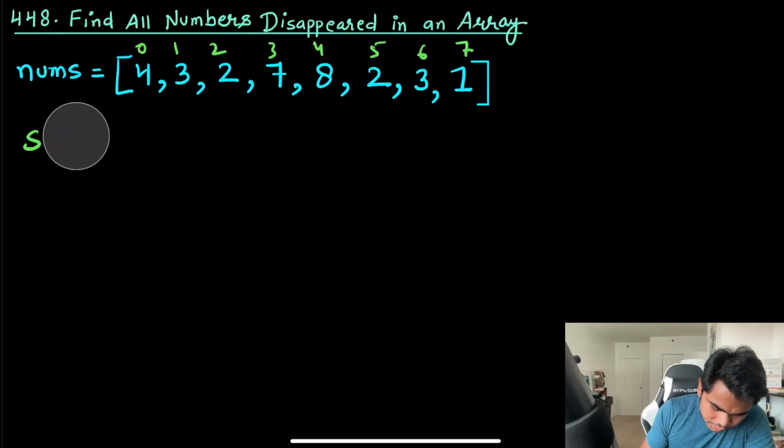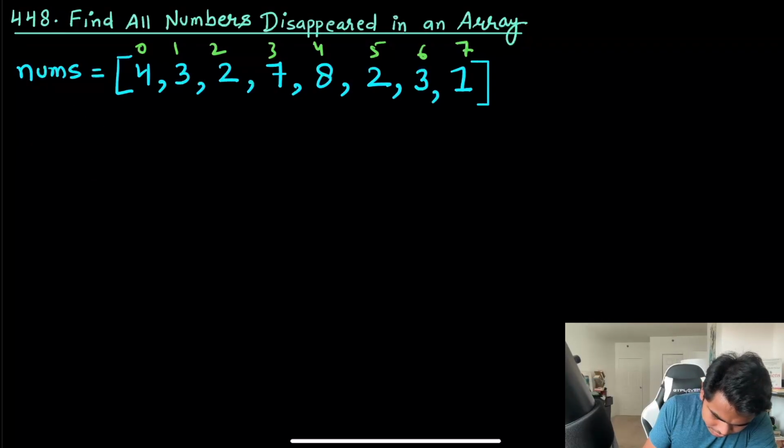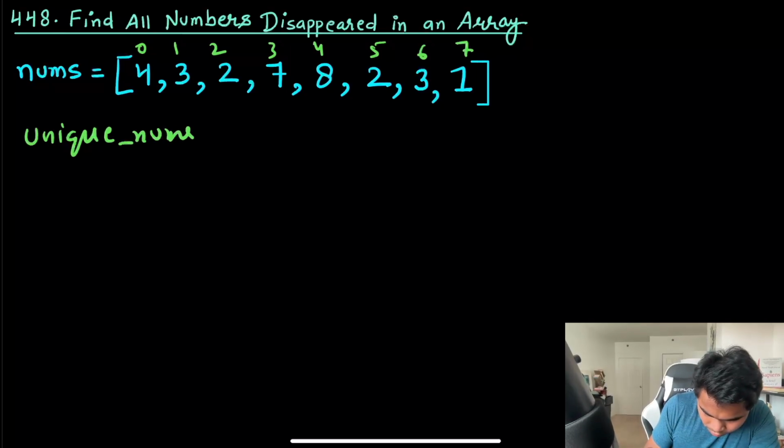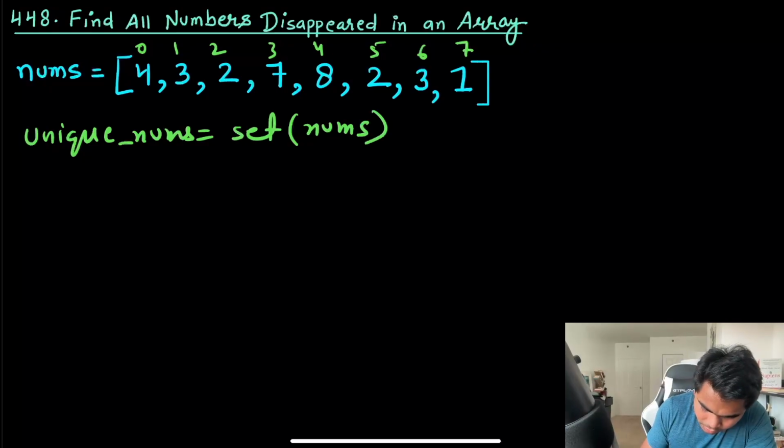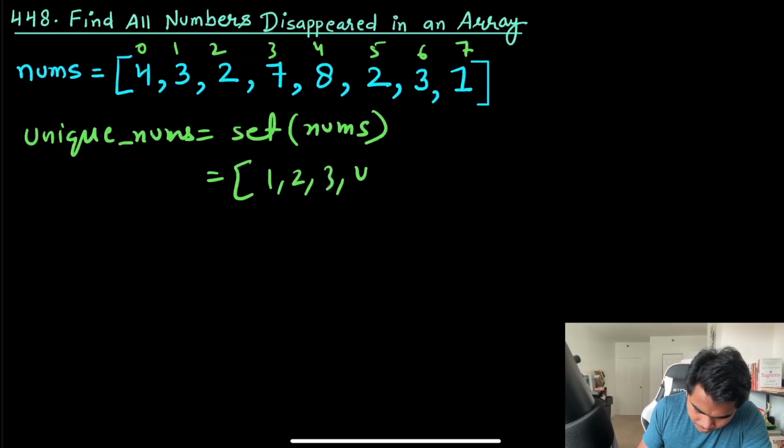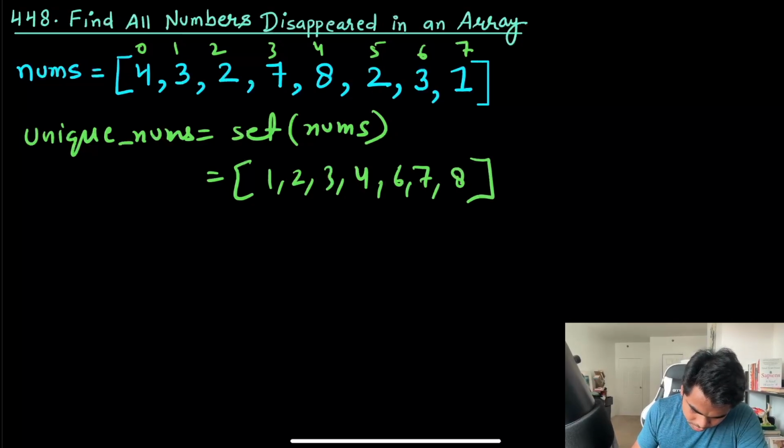I'll call it unique nums, which would be set of nums. This will give me all the numbers that are unique here. So it will give me 1, 2, 3, 4 and 7 and 8, and not 6, by the way.